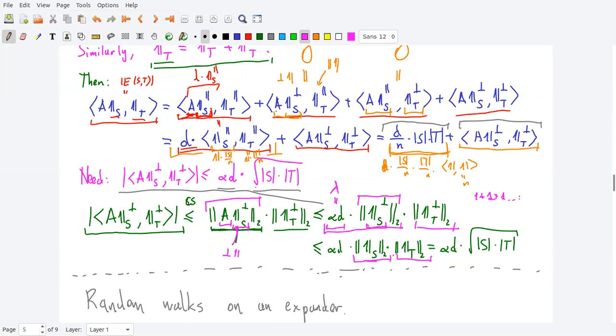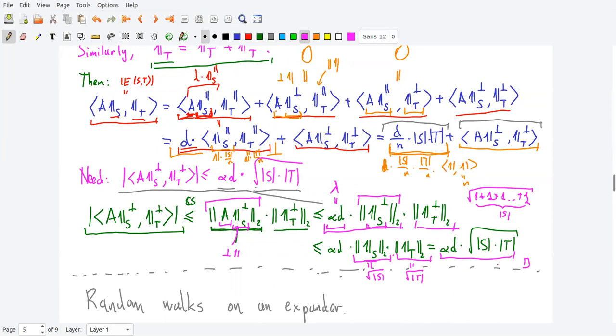If you write this L2 norm using the Pythagorean theorem, you add up the size of S ones and take a square root. So this is simply the square root of the size of S. And similarly, this will be the square root of the size of T. And we are done, because this is what we wanted.